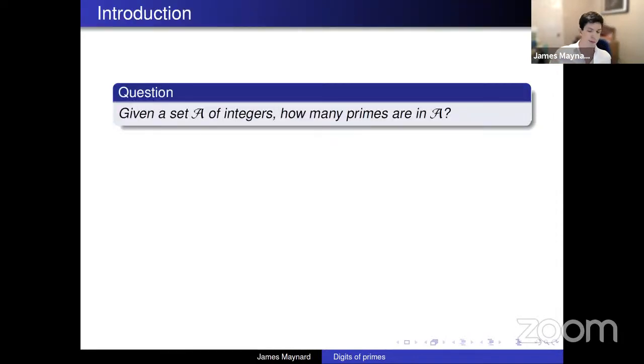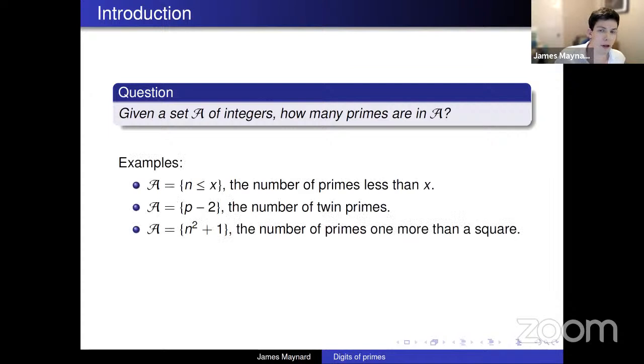So actually, the most basic kind of question that I like to spend my time thinking about is you give me some set of integers, let's call it A, and the challenge for me is to try and work out how many primes there are in this set A. So, for example, you could give me the set of integers below some number x, and then I would be asked to say how many primes are there less than or equal to x.